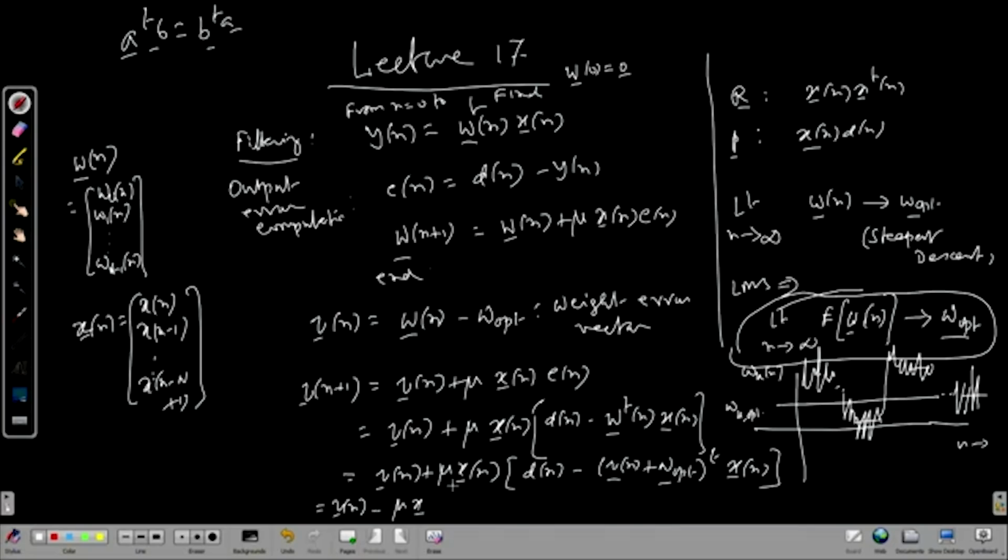So, it will be mu x n this one, and then V n transpose x n is same as x transpose V, A transpose B is B transpose A. And the other term is mu x n, this one, minus d n minus W opt transpose x n.